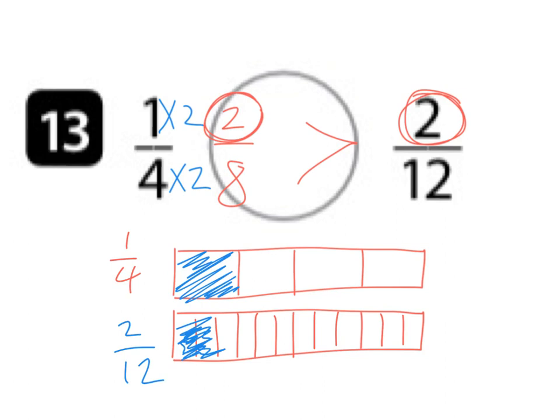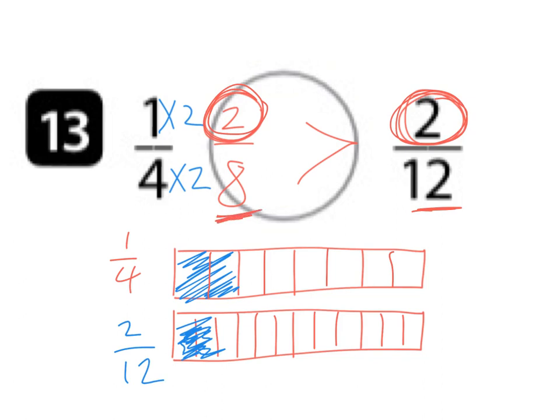So if I wanted to find the equivalent fraction here, we can also break this into 8ths, and you can see that 2/8 is equivalent to 1/4. Also, just to see it using the bar model, we know that both have 2 shaded in here for our numerators, and we can see that 8 is our denominator here and 12 is our denominator here.